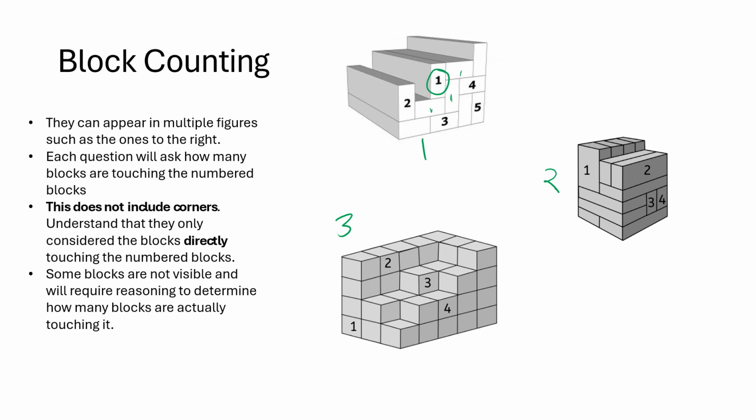Understand though, that you will not be able to see every single block that touches it. You'll have to make a very, very educated guess on if it's actually touching it or not. So like 3 and 4. We don't know the back of it, but usually it's not trying to trick you.